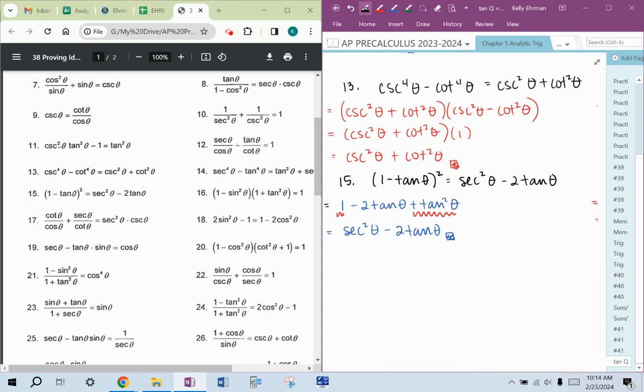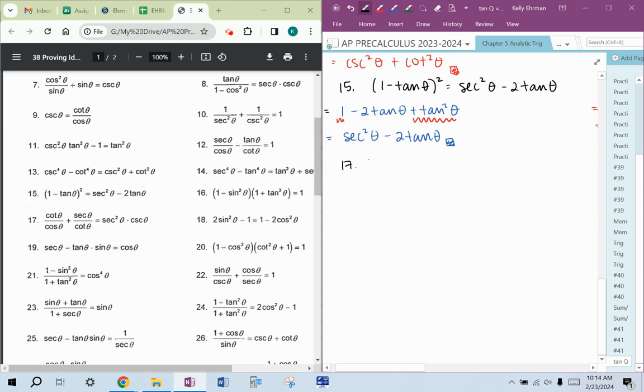Okay, for number 17, we have cotangent theta over cosine theta plus secant theta over cotangent theta equals secant squared theta times cosecant theta. It's best to start on the side that has addition. There's more work to do there.